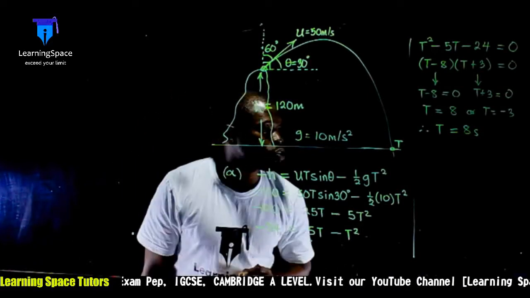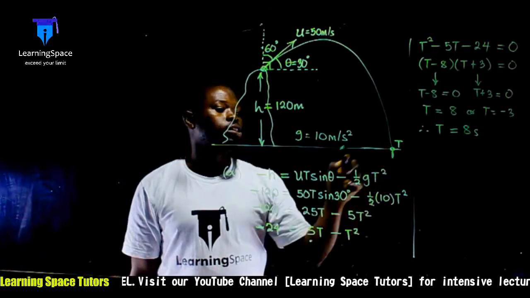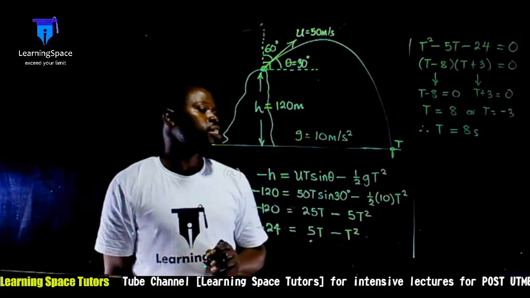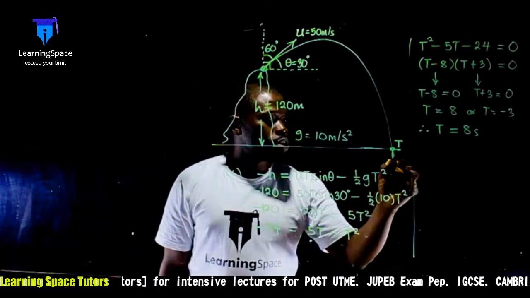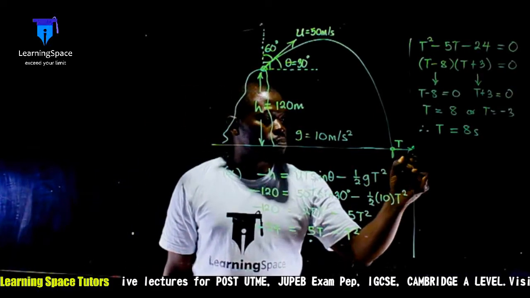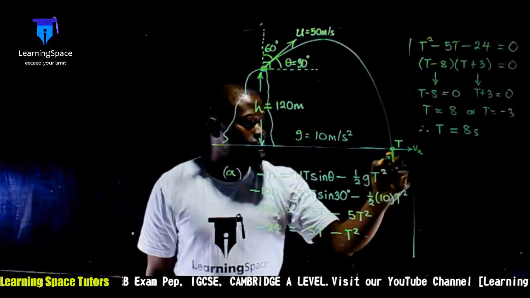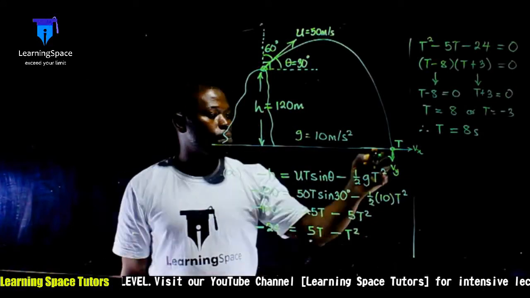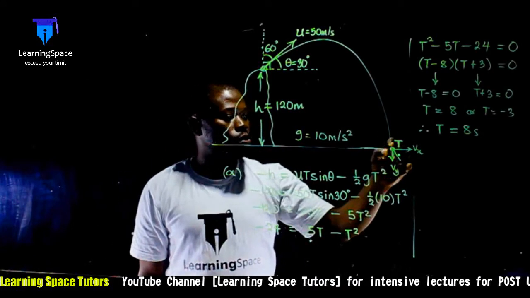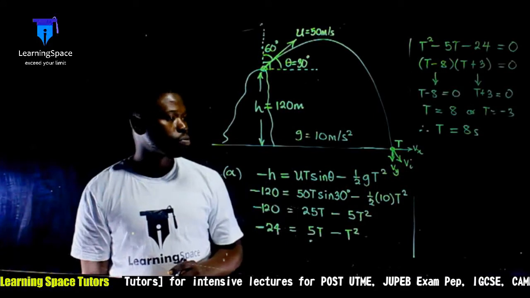Now the second question says that you should calculate the velocity at impact. If you want to determine the velocity at impact, you have to determine the horizontal component of the velocity at impact, Vx, and the vertical component of the velocity, Vy, at impact. Then that will enable you to calculate the velocity V at impact.